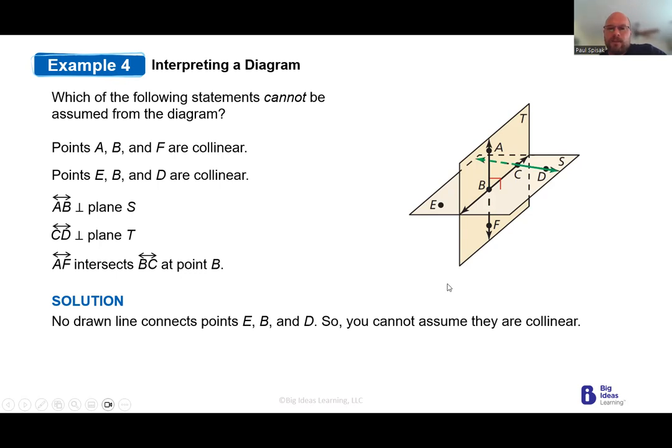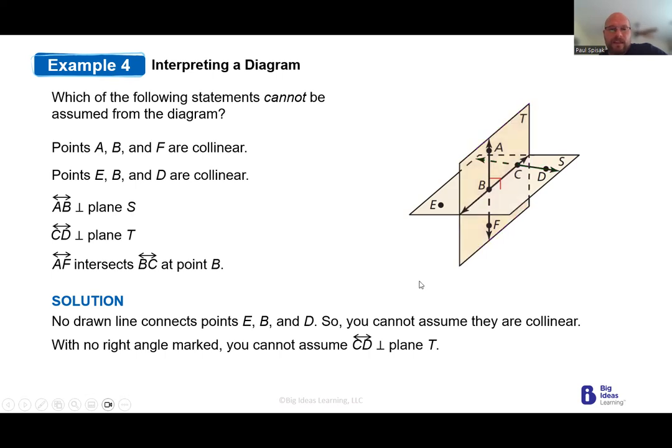Now, the other line, line CD, is perpendicular to plane T. Again, it looks like it could be. It's a little bit hard to tell because this one's going back at an angle. This was going back at an opposite angle. So it looks like it really could be perpendicular. However, since they don't have a right angle symbol, we cannot assume that it is perpendicular. So that one is also incorrect. Again, those two things cannot be assumed.